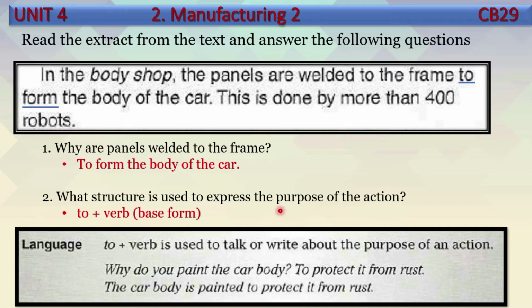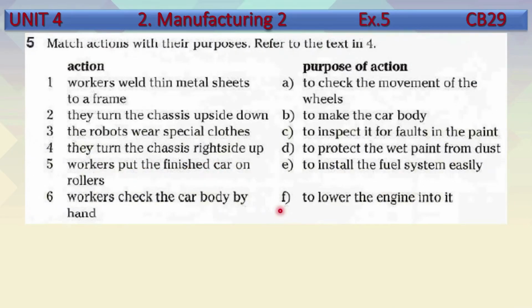Now let's do our first task. It's on page 29 of the course book. So open your course books to page 29. Match actions with their purposes. Refer to the text in 4.